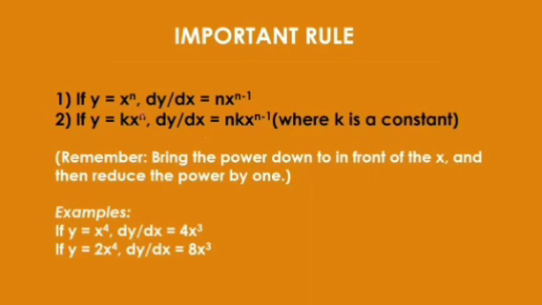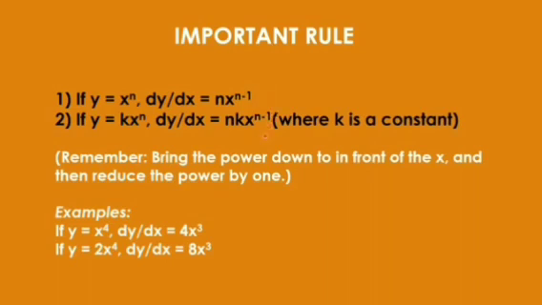Like I have given you the formula that if y equals x power n, then dy by dx is written as n x power n minus 1. This is a very important formula. And if this x power n is multiplied with some constant k and I want to find dy by dx, then this constant k can be taken out as it is, and I can use again for x power n the same way n x power n minus 1.